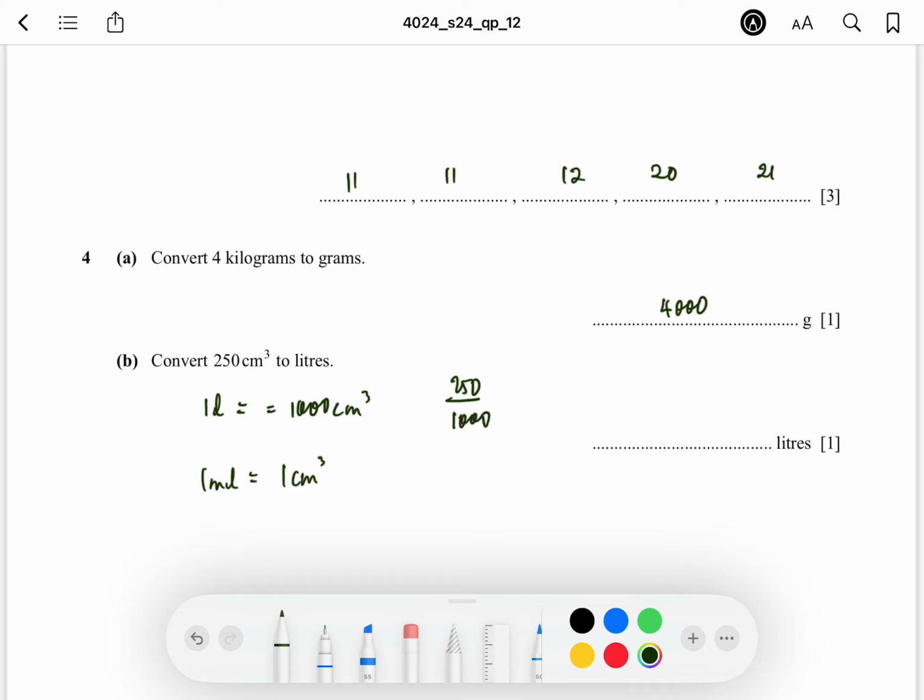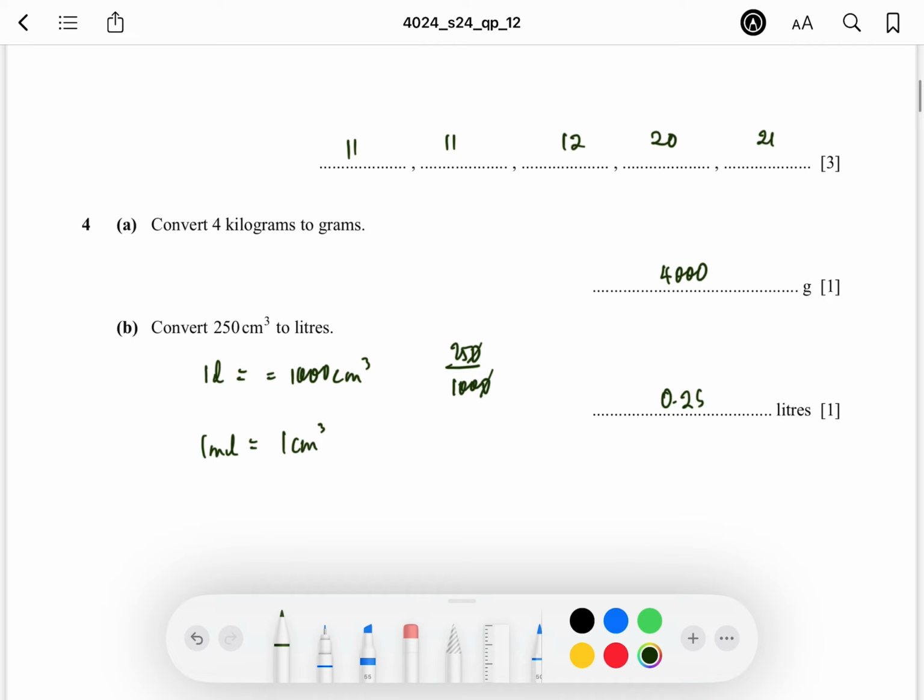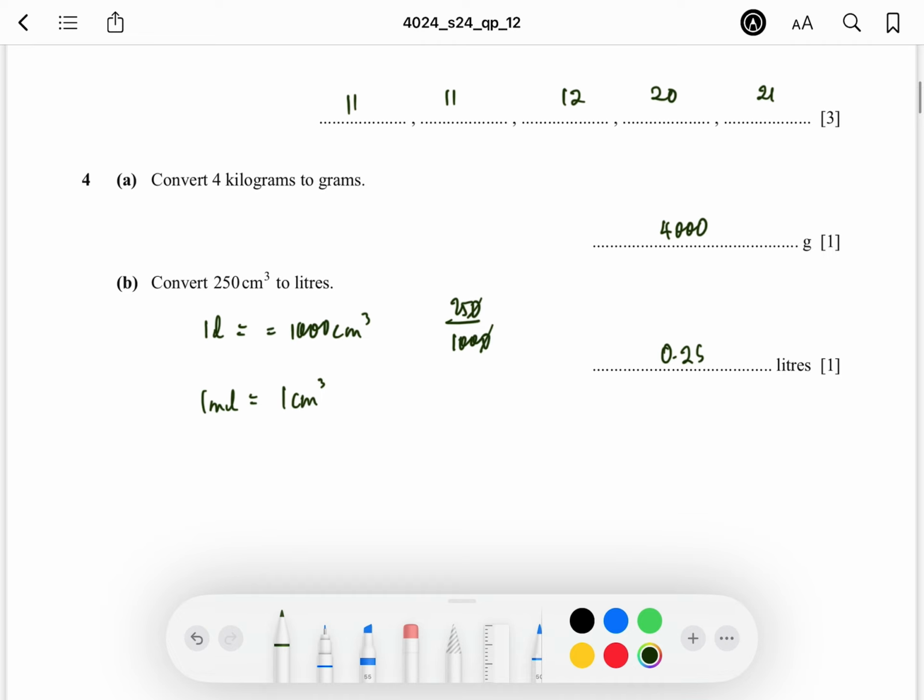Remember we're doing corrections, don't answer using a calculator, so that you get used to doing the calculation again. So divide that one, 25 divided by 100. That means 0.25. As long as you know to convert cubic centimeter to liters, you divide by 1000, you get that.